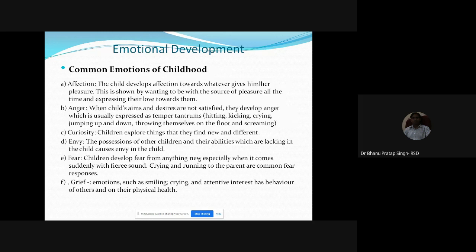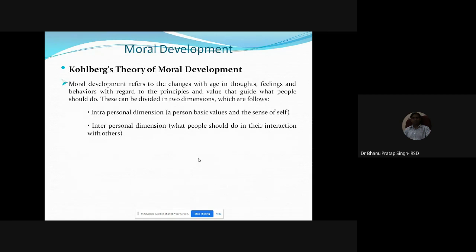Next, emotional development. I think we have learned this. Yes, we have learned affection, anger. Yes, moral development. We have also learned about Kohlberg's theory of moral development.